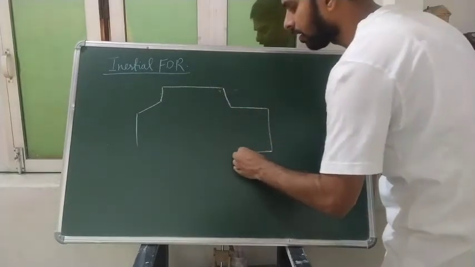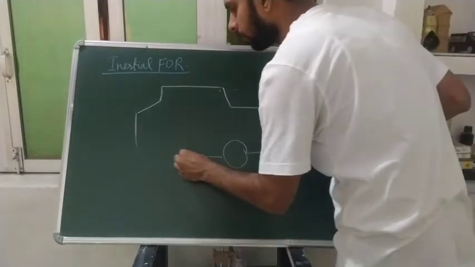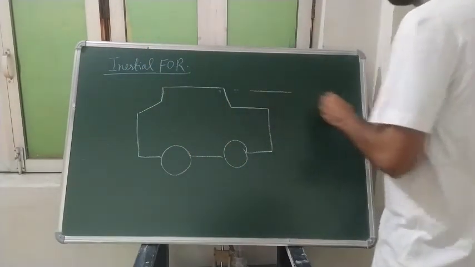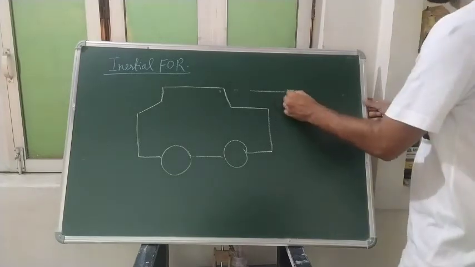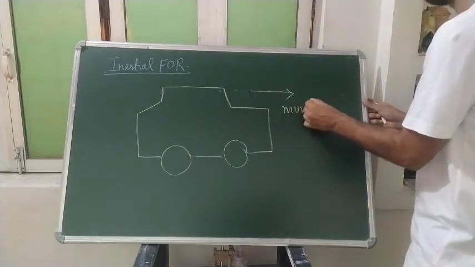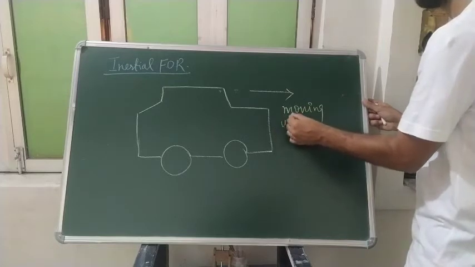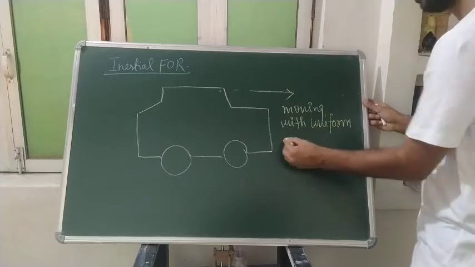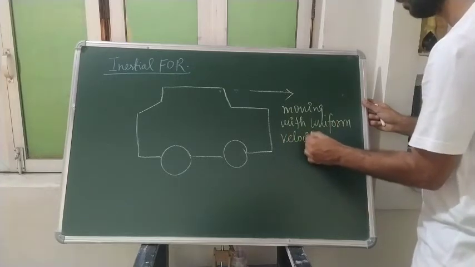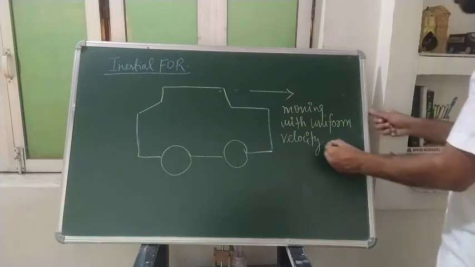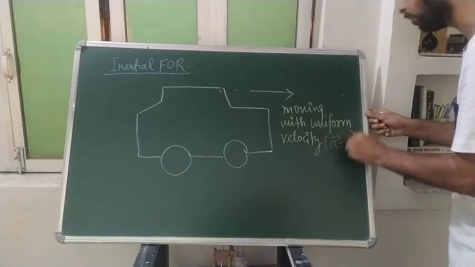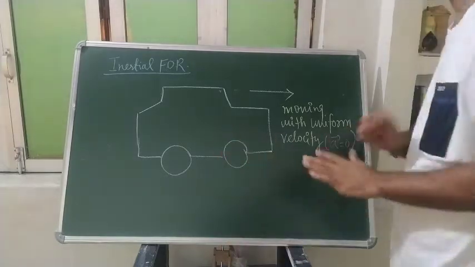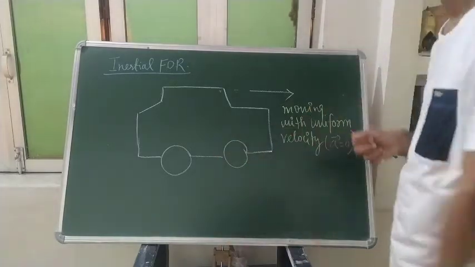Suppose we have a car here, and it is moving with uniform velocity. Moving with uniform velocity, acceleration is 0 in this case. So that car is not accelerating, it is moving with uniform velocity.